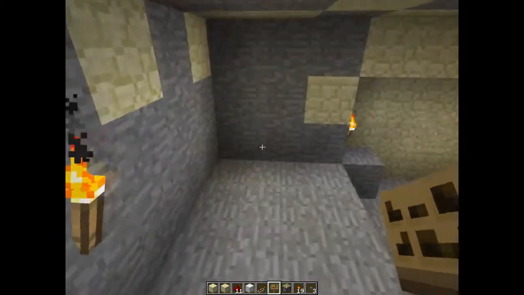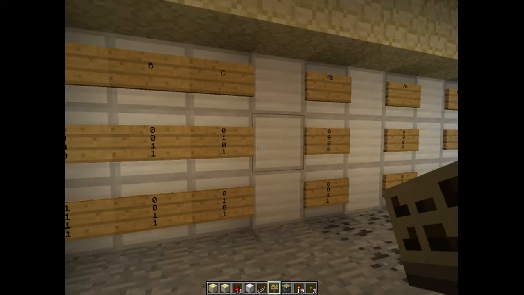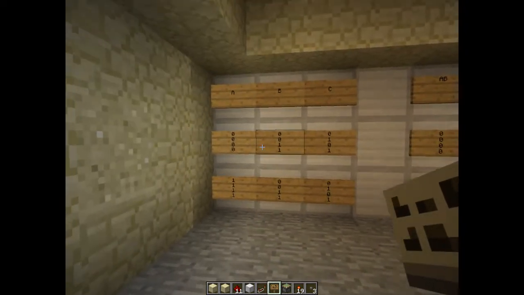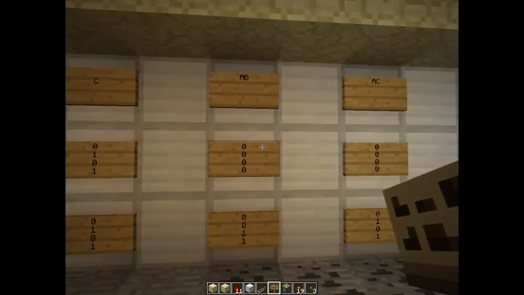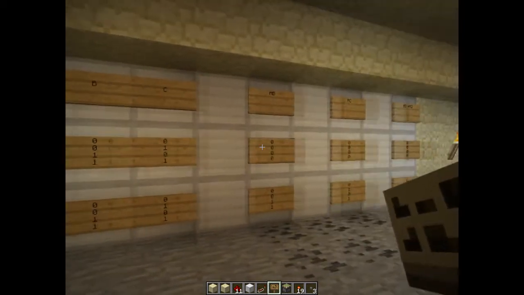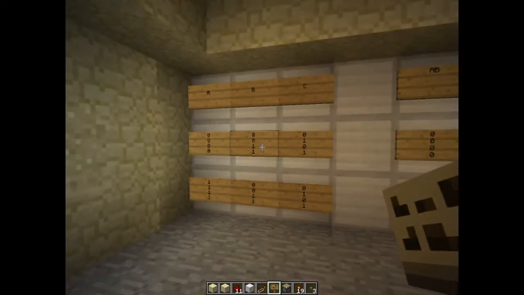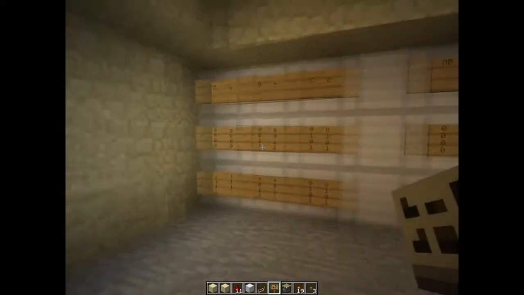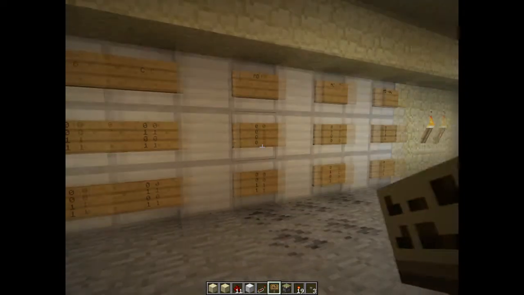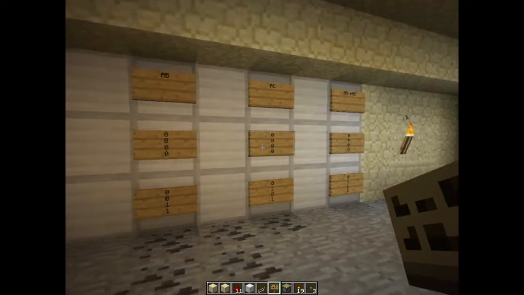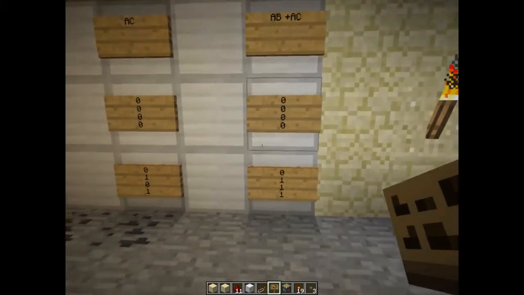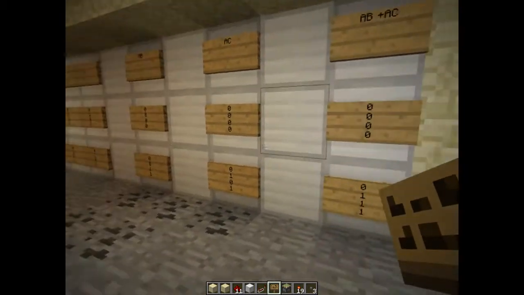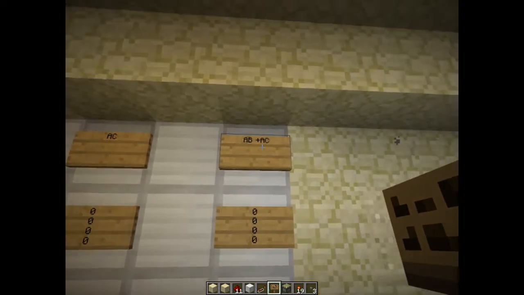Well, let's see. As we can see here, when we compute our AB, 0, 0 is 0, and 0, 1 is 0, I mean, 0 times 1 would be 0. Likewise, we have our AC here. Then we add these two together, and we will get this output for our AB plus AC.